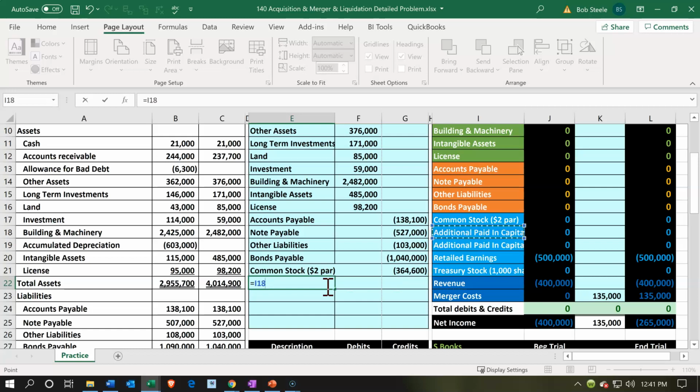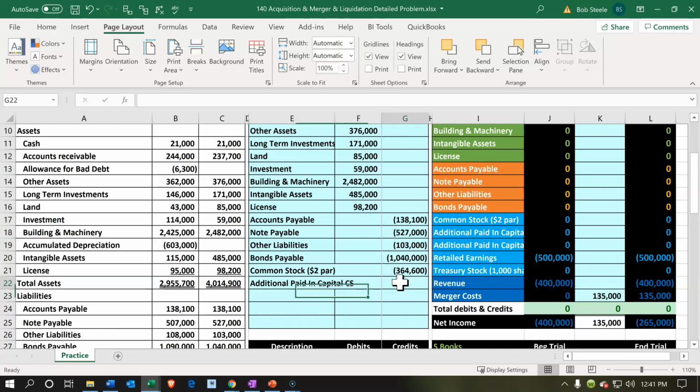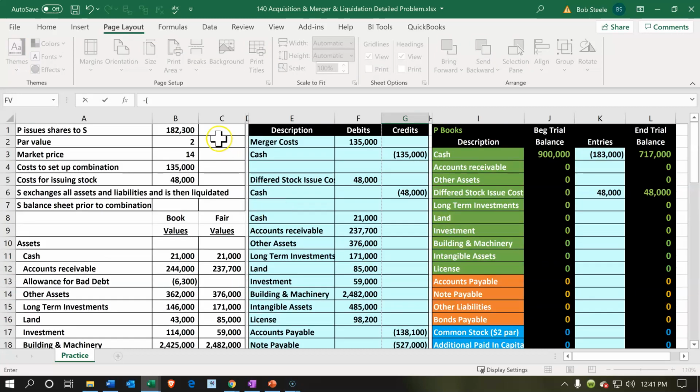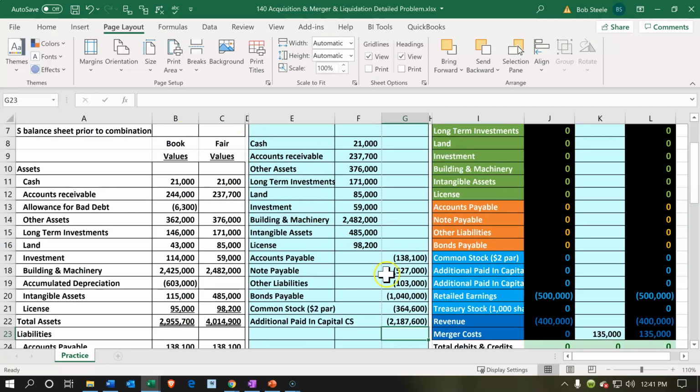And that is, let's do the calculation. I'm going to say negative brackets. And then let's go back up top and I'm going to say 14 minus 2, which is 12, brackets, times the 182,300 that we issued. And there it is.